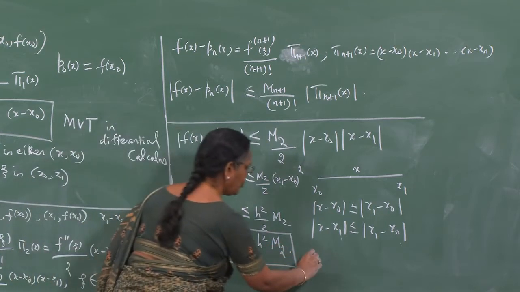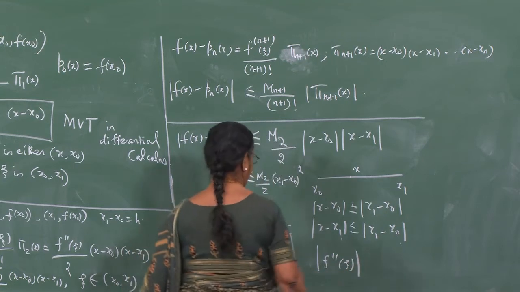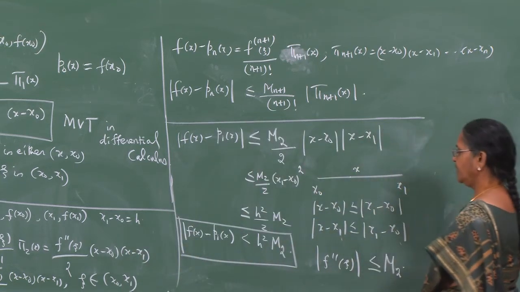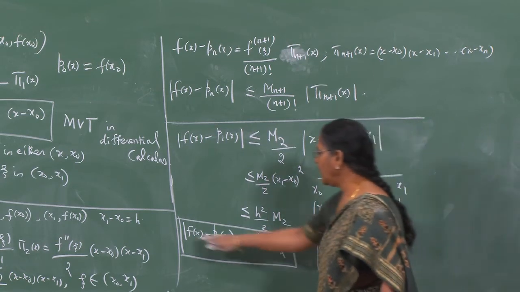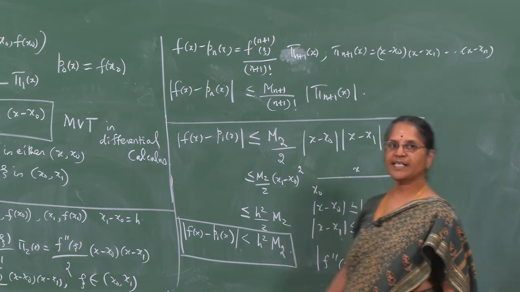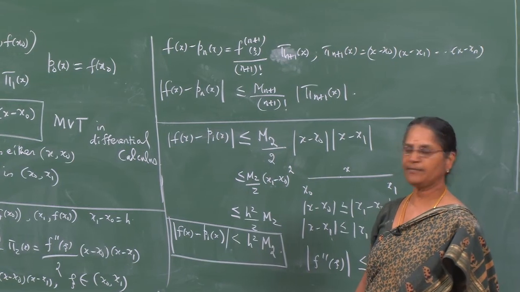And what is m2? Modulus of f double prime of psi is less than or equal to m2. So, we have the error bound in case when we approximate f of x by a linear interpolating polynomial.